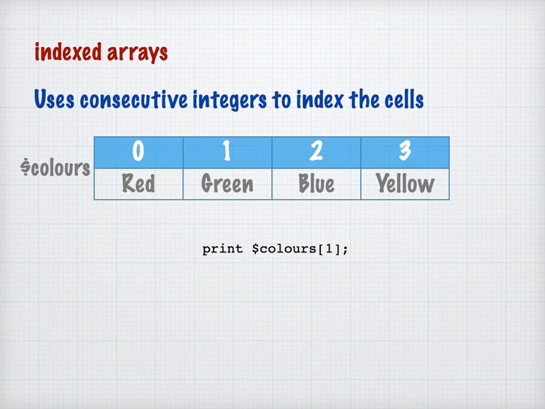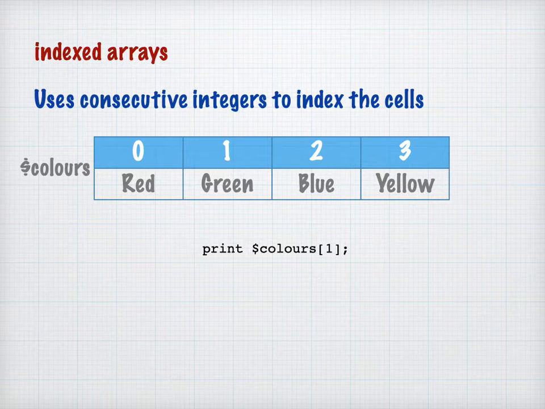So instead of having just one value inside a variable, what arrays enable us to do is to have many values inside a variable. For example, here is an array structure called colours, and what colours has is 4 values inside it: red, green, blue and yellow.